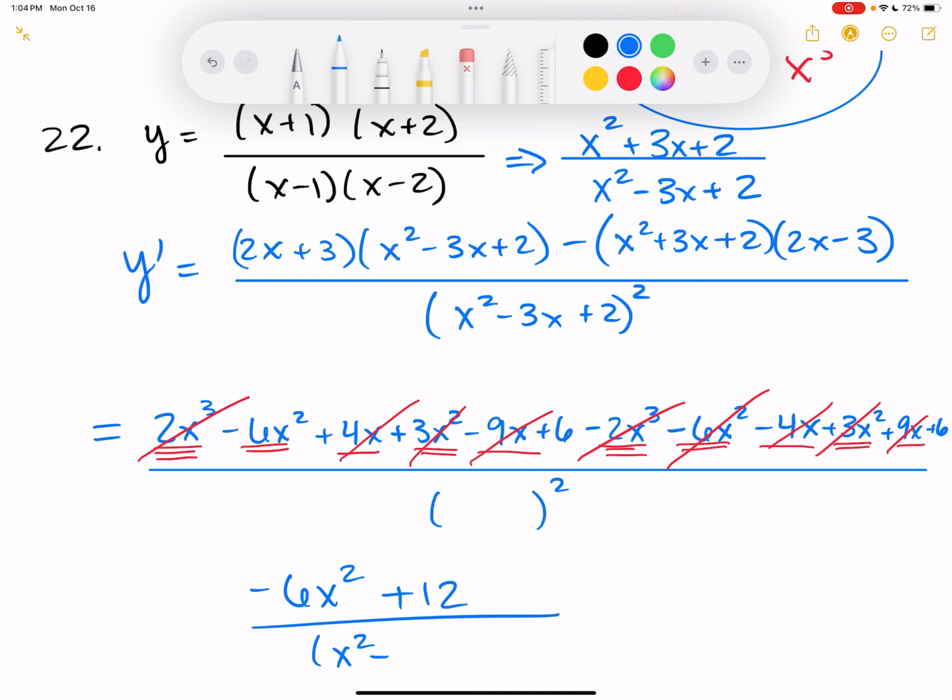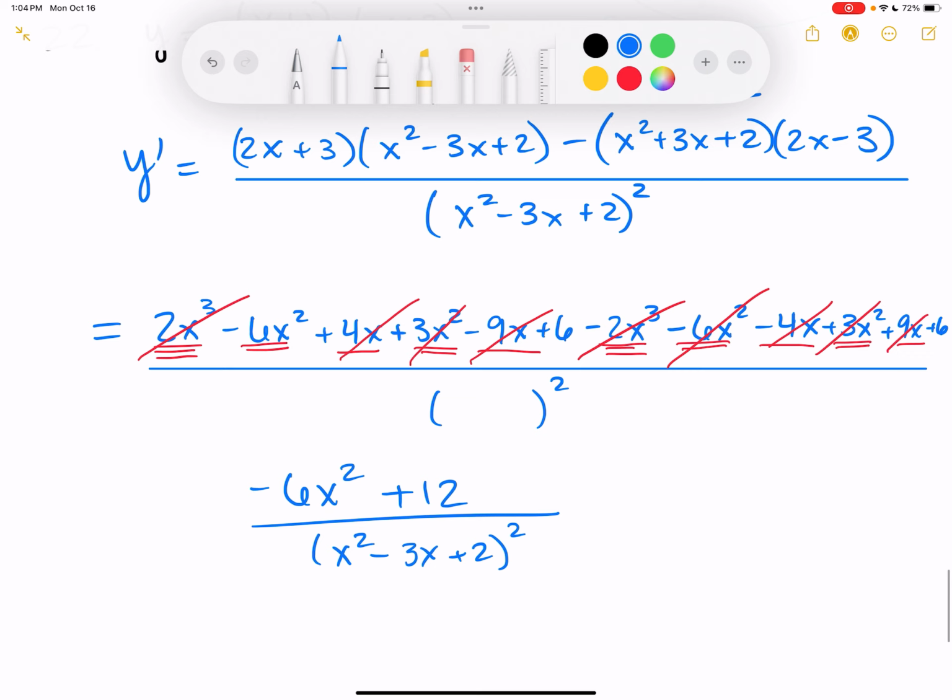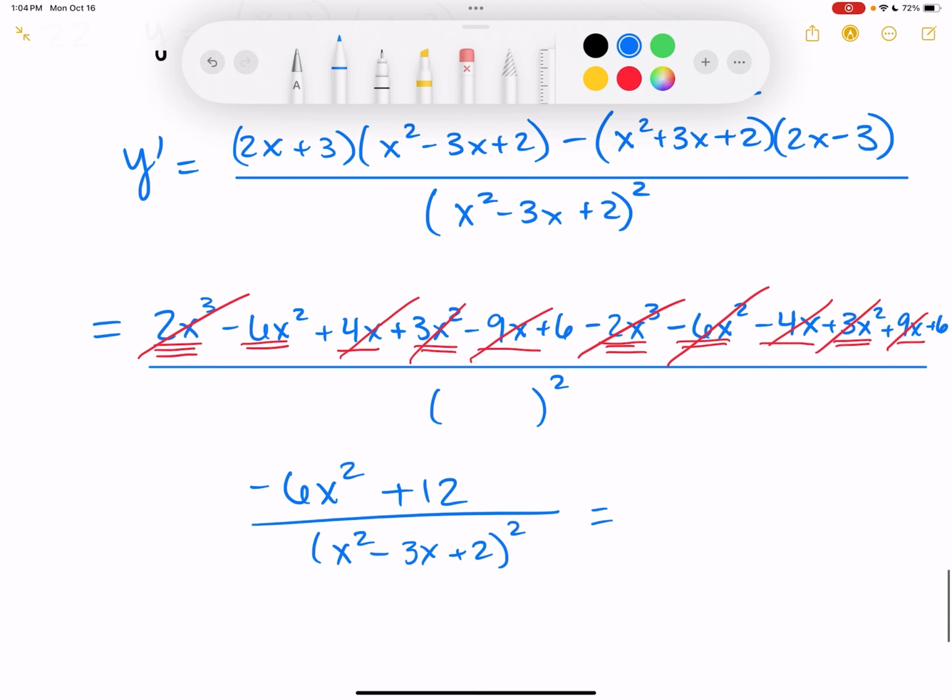So now, x squared minus 3x plus 2, squared. Is this how they leave their answer, or do they change it? Let me see. All right, so they actually leave it this way. The only thing that they do differently is that they do 12 minus 6x squared to not have the negative out front.